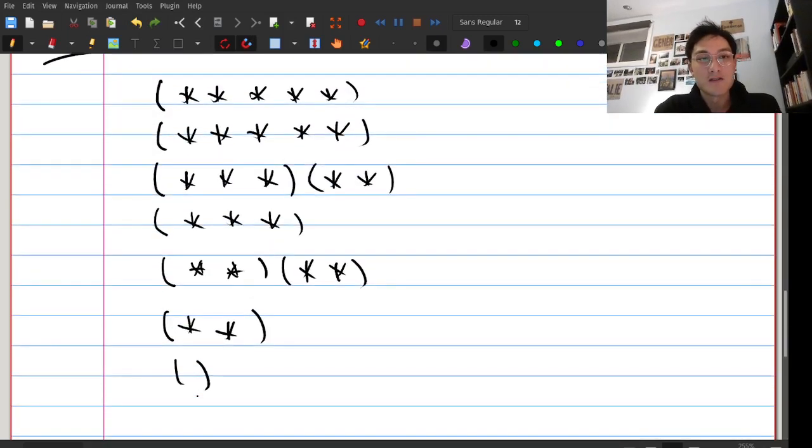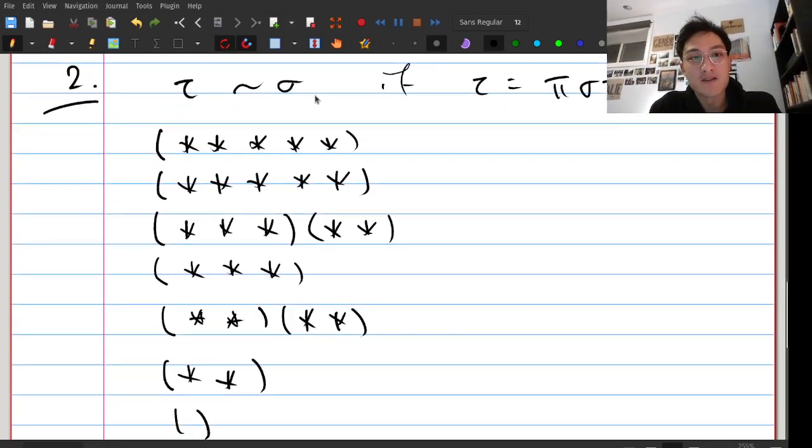Okay, so now let's count how many there are of each type. In S5, there's 5 letters, so all 5 letters are going to go in there. You can permute them any which way you want, so a priori there's 120 to consider, it's 5 factorial.